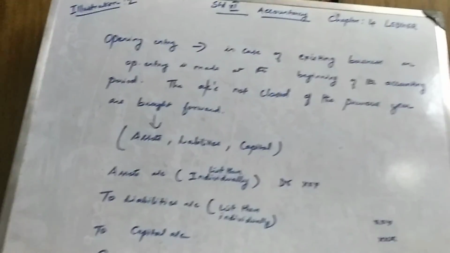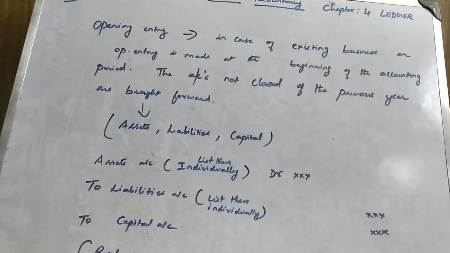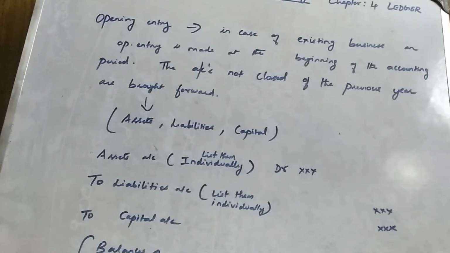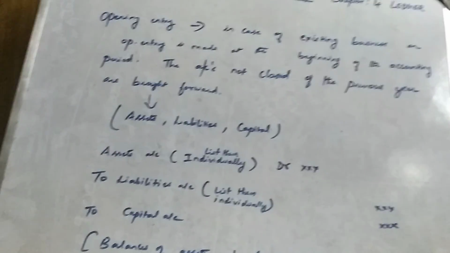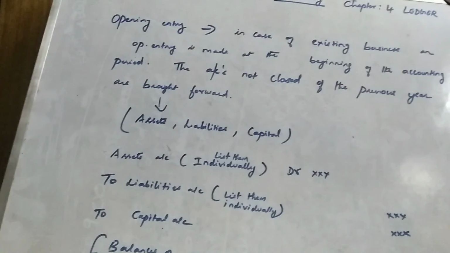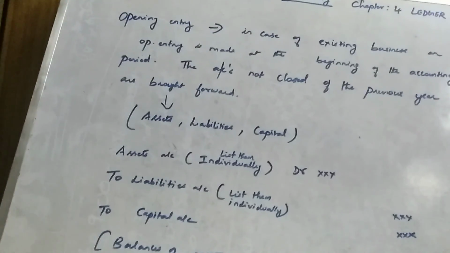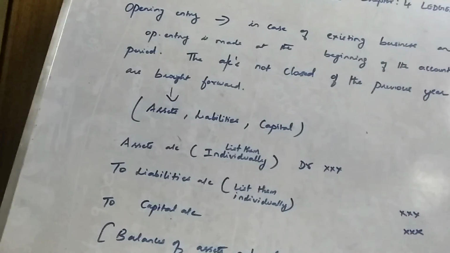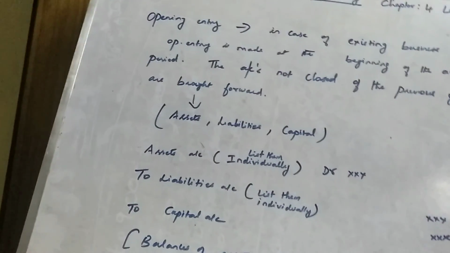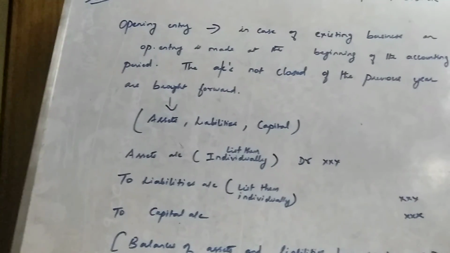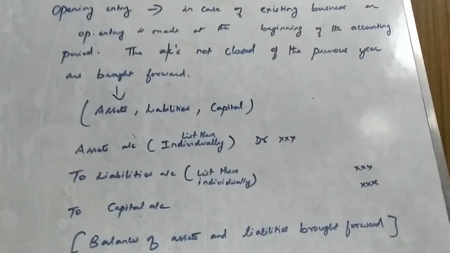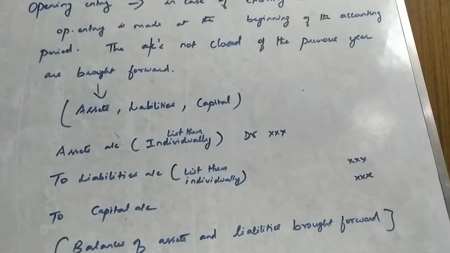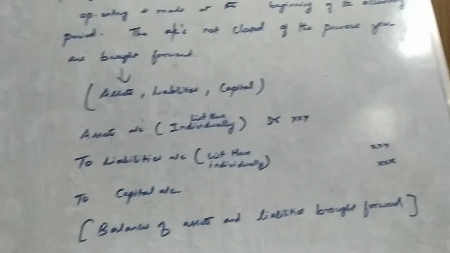In case of an existing business, an opening entry is made at the beginning of the accounting period. It is not a new business, it is already existing. In such a case, you have to bring forward the previous year's balances.